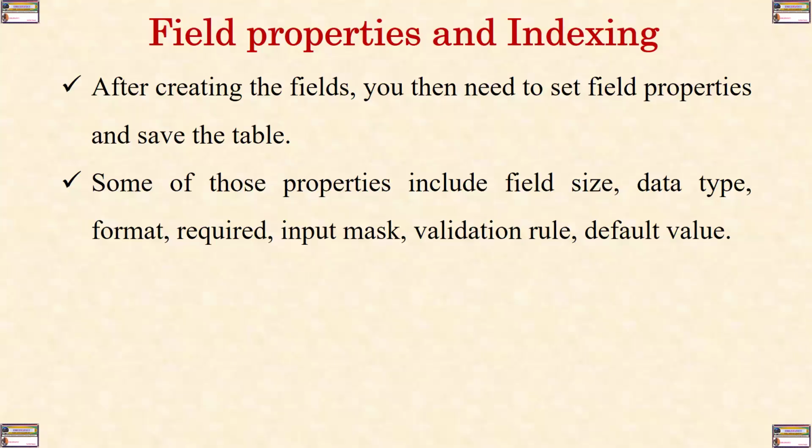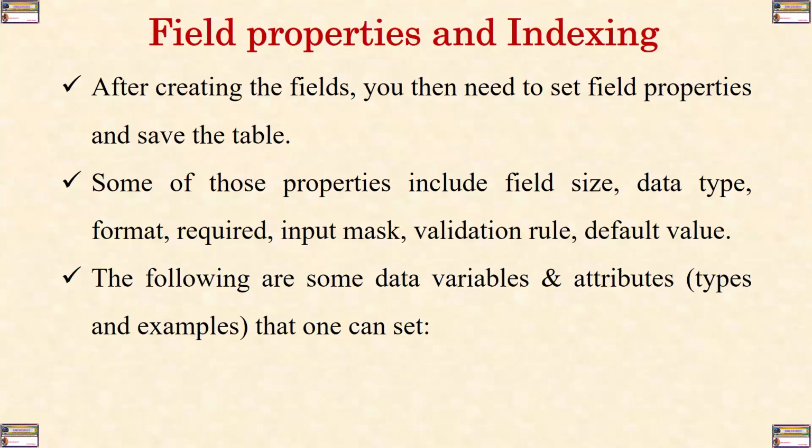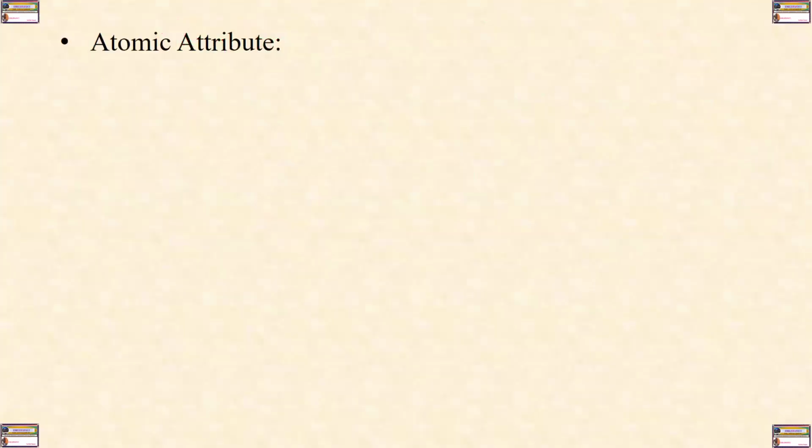That is why it is important to set field properties, indexing, and also what we call the validation rules and the input masks that we are going to learn in subsequent presentations. And therefore, the following are some data variables and attributes or types and examples that one can set.